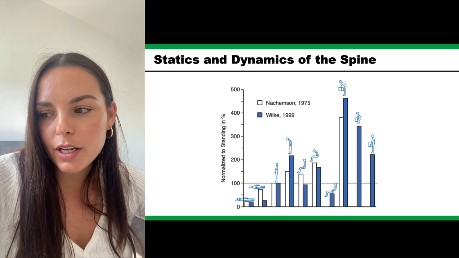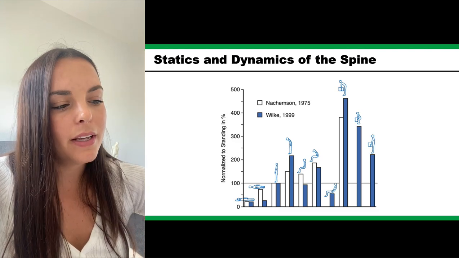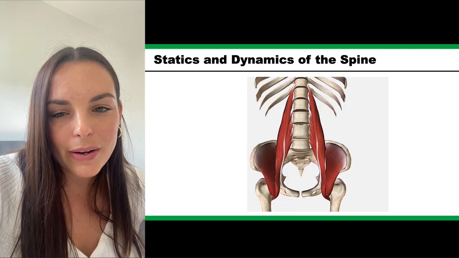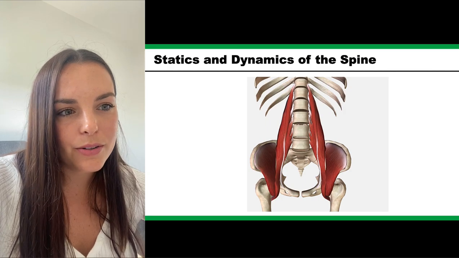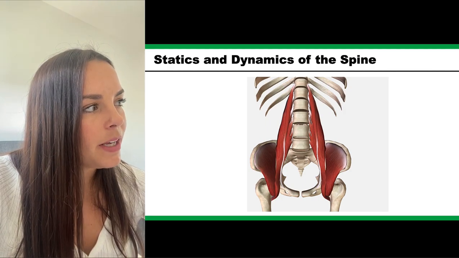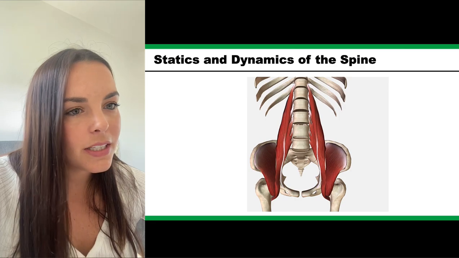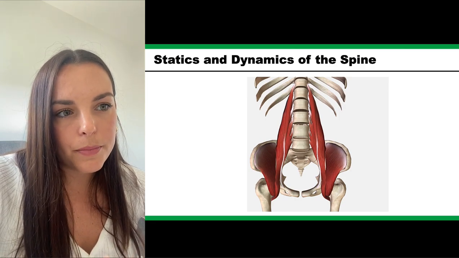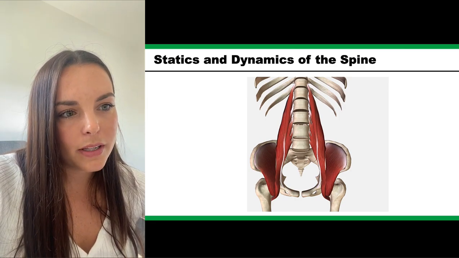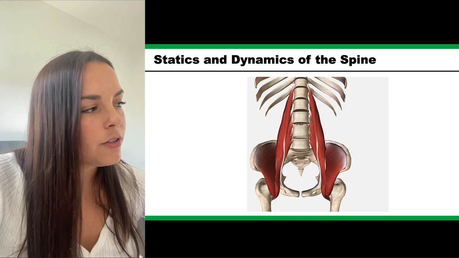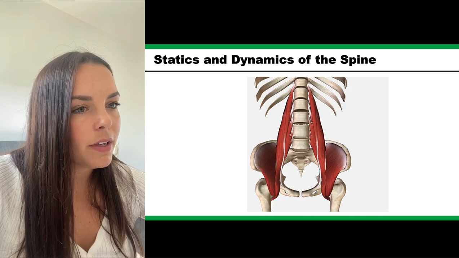So hopefully you've got something in your head, but the hint is it has to do with this muscle right here, our iliopsoas muscle. A big hip flexor muscle, and you can see that it's originating from the lumbar spine as well as the coxal bone and inserting down into the femur.